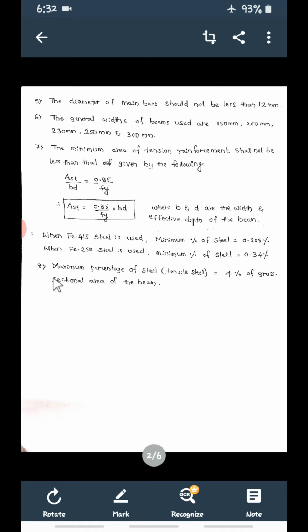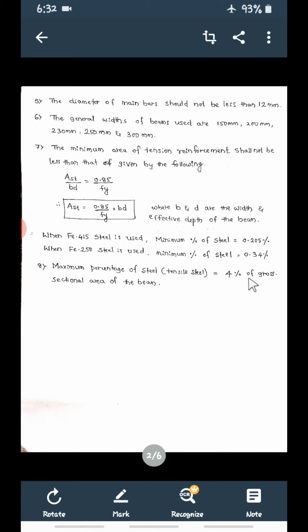Then the last point you have to remember, what is the maximum percentage of steel? Beyond that you cannot provide the bars. So the maximum percentage of tension steel is equal to 4% of the gross sectional area of the beam. Gross means total, that is B into capital D, the gross area of the beam.